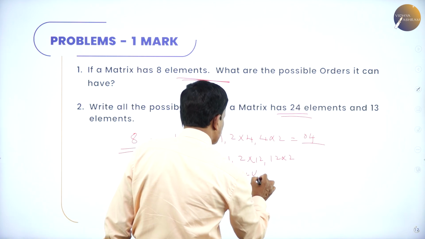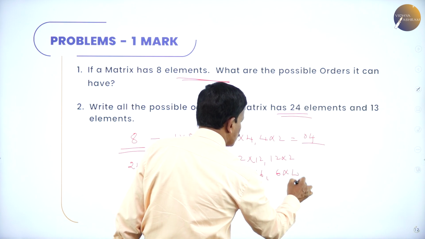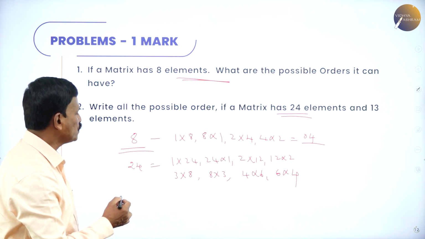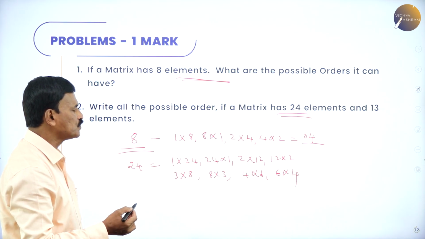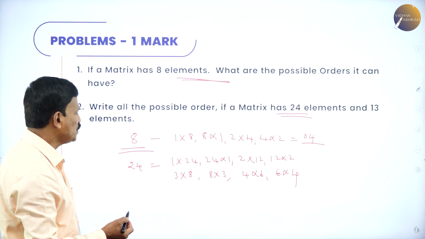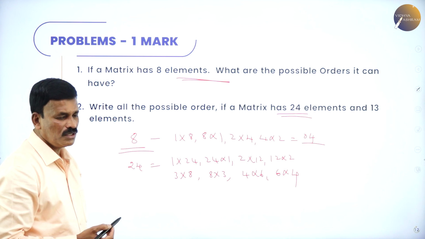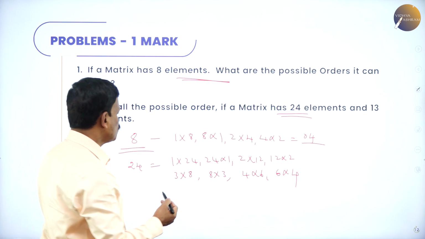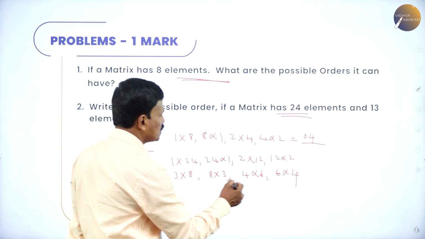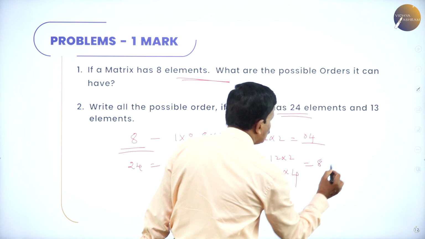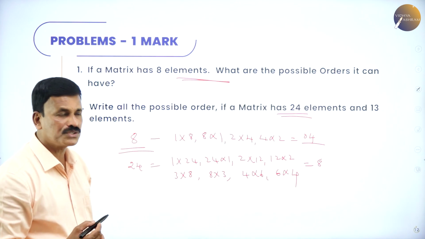Then 4 into 6, 6 into 4. So 1 into 24, 24 into 1, 2 into 12, 12 into 2, 3 into 8, 8 into 3, 4 into 6 and 6 into 4 are the possible orders. So totally 8 possible orders we can write for 24.